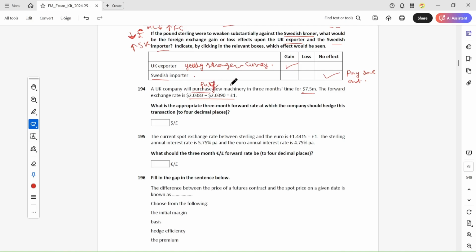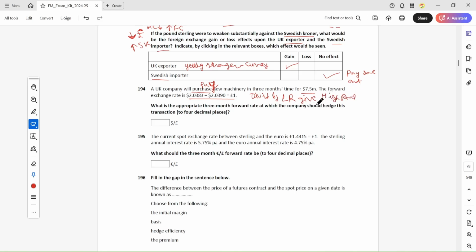Dividing by a higher rate will give a lower amount, but dividing by a lower rate will give a higher amount.